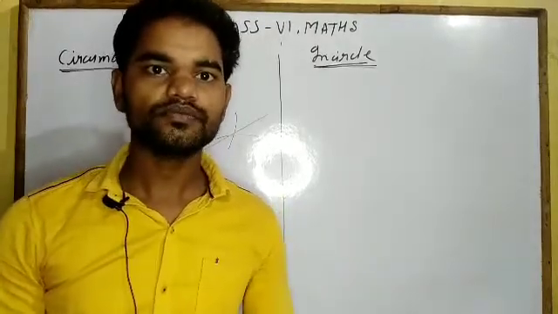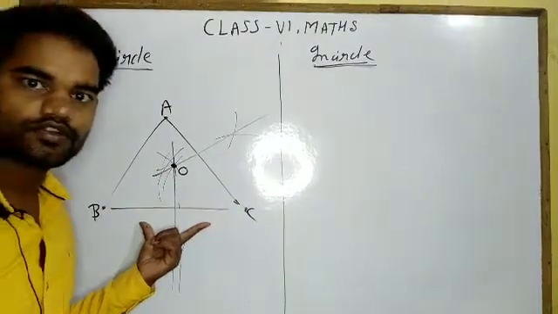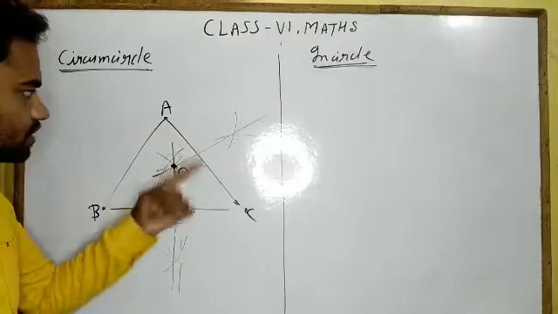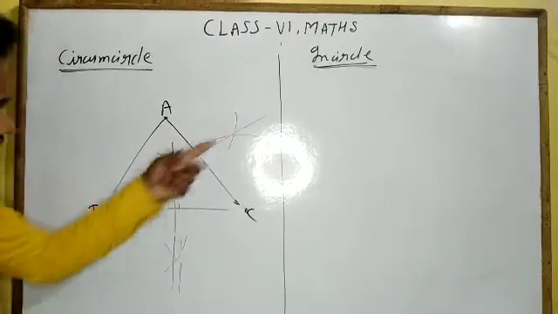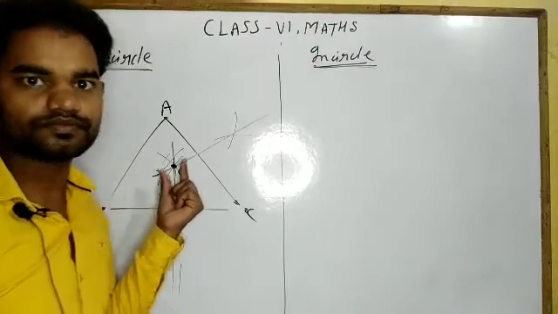So point 1: first of all, take the perpendicular bisectors of any two sides. I have drawn the perpendicular bisectors of BC and AC. Both the perpendicular bisectors intersect each other at the point O. This point O is the center.